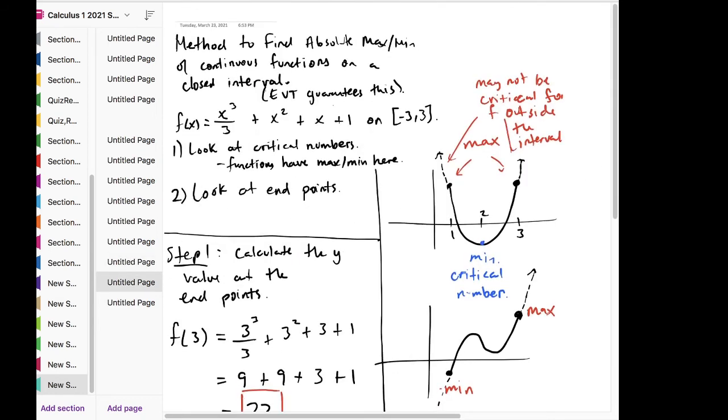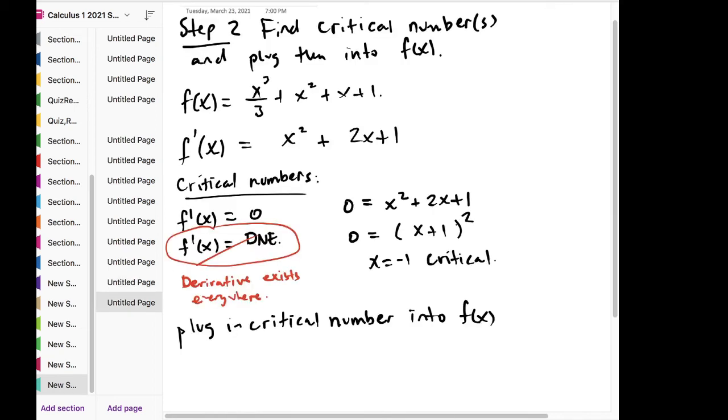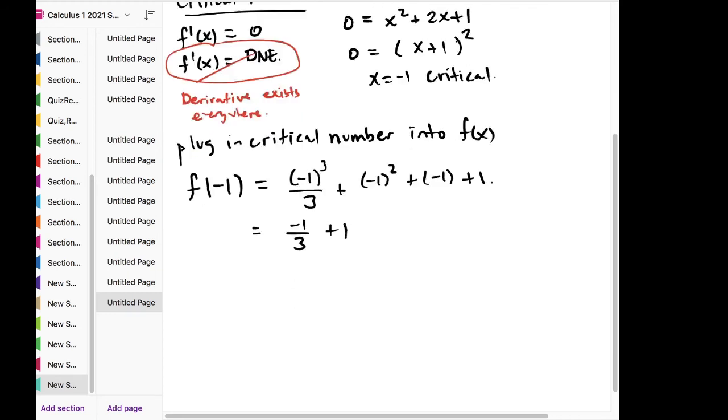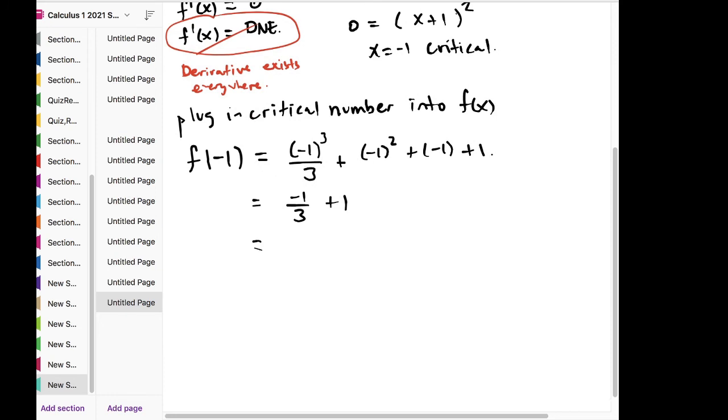It would not make sense to plug into the derivative because, well, we know it's 0 there. So what's f of negative 1? Negative 1 cubed over 3 plus negative 1 squared plus negative 1 plus 1. So this is negative 1/3 plus 1. So this is 2/3.